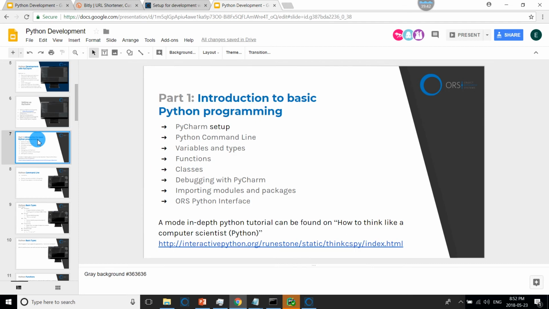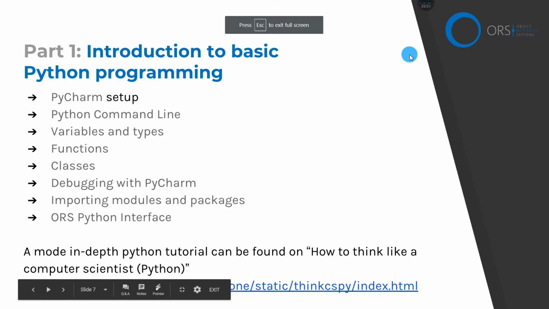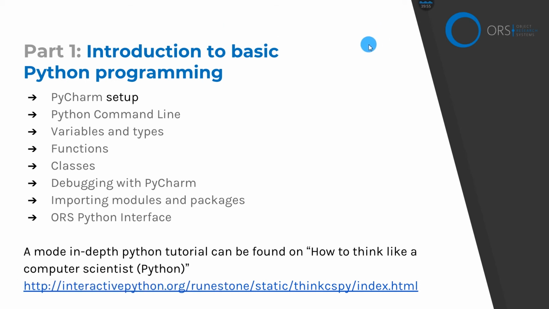So in Python, let's see, if I go to my slides. Okay, yes, there's this slide I wanted to talk about. Present. So I wanted to cover some basic Python programming. We've already done this: we've set up PyCharm. Not completely.